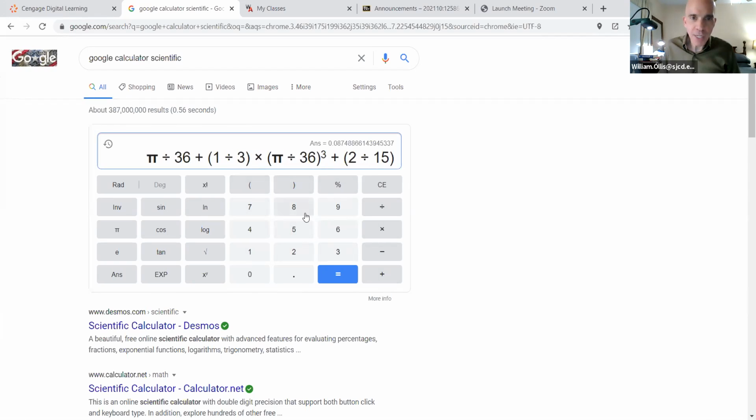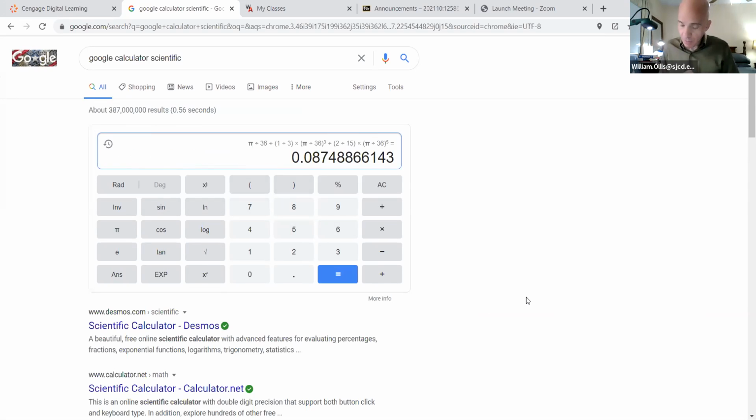It's great for teaching inverse trig functions. It's been a blessing. One of my honor students told me about this thing, and I thought, wow, I should have been using this earlier. And we've got pi divided by 36 raised to the 5th power.